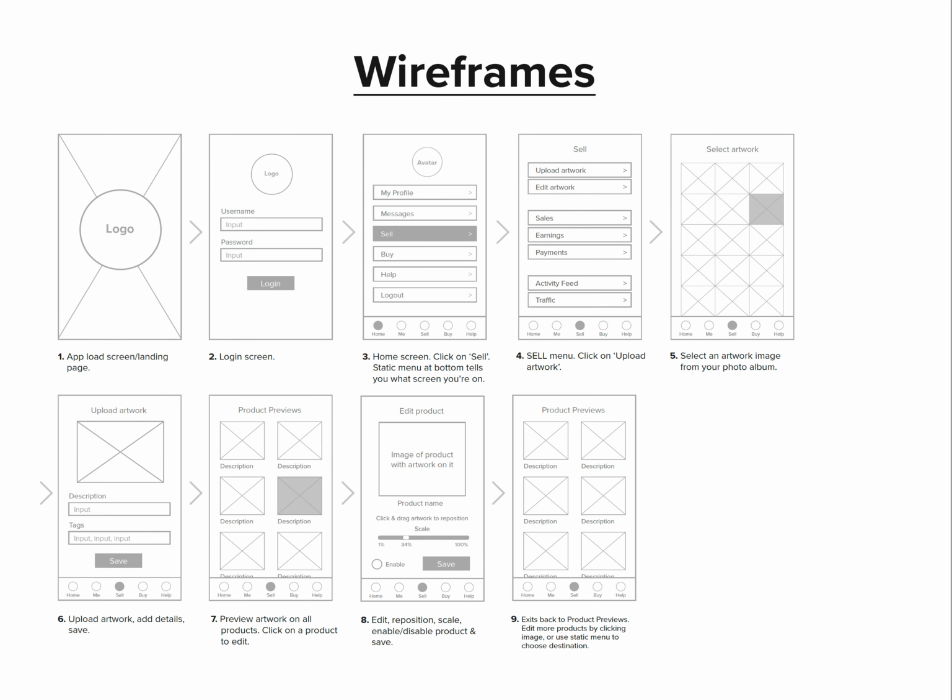Digital wireframes were then created, taking into account feedback from the paper prototyping, such as group the cell menu items into themes, switch edit product and product preview screens so you can view the image on all products first, and page titles were added to improve page identification and user flow.